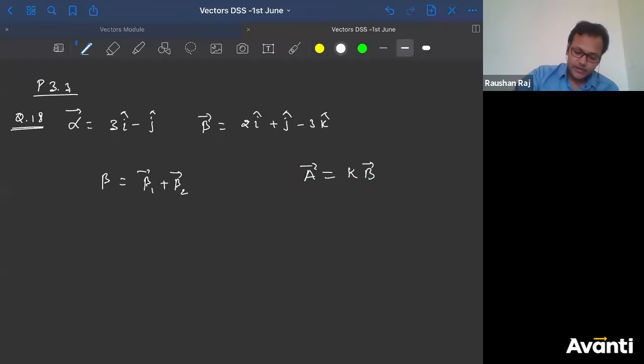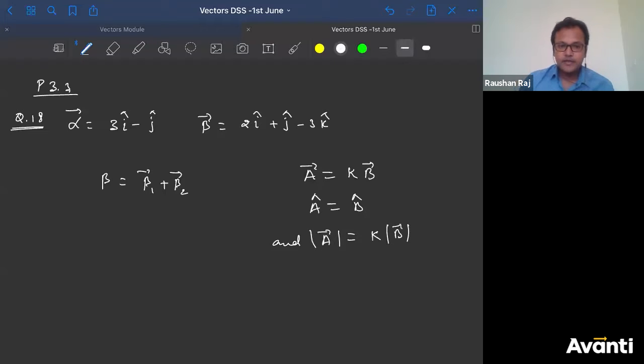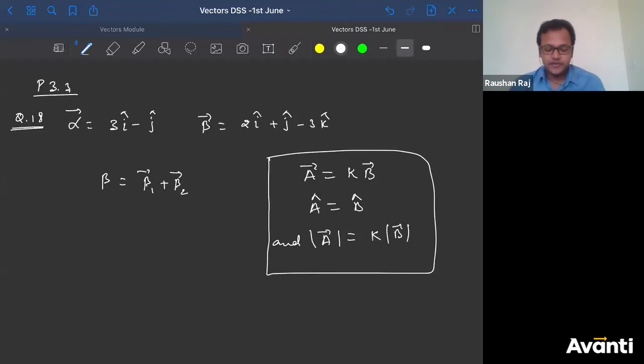We say that a cap must be equal to b cap and modulus of a is equal to k times modulus of b. So if it is given to you as a is equal to kb, that means their unit vectors will be same. That means a and b, both of them are in the same direction. That means a and b are parallel vectors, right?